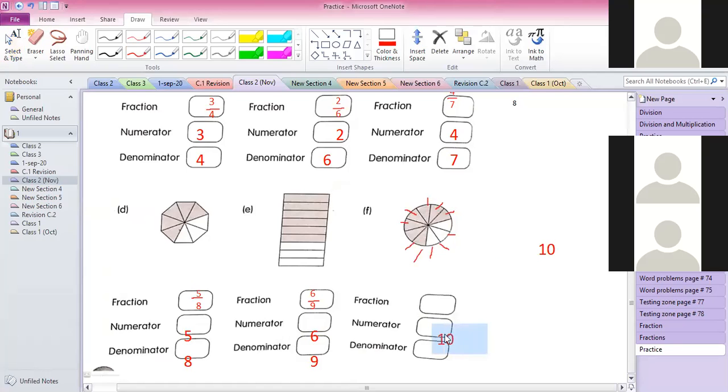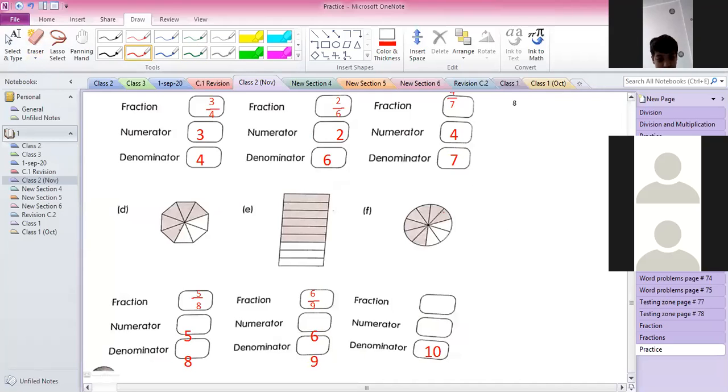Now if I ask you how many parts are shaded, can you tell me? What is the numerator here? Seven. Very good. The answer is 7. Let me check for you. Look here.